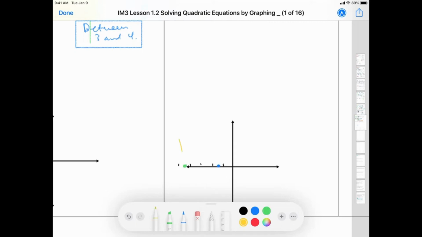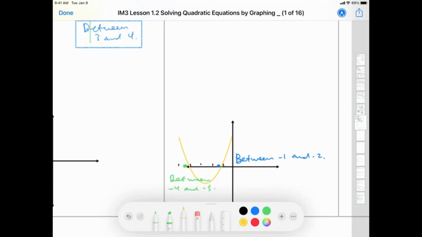And the graph is opening up. Okay, that's enough. So we can say between -1 and -2. This one is between -4 and -5. Okay, let's see what this looks like on a table of values.